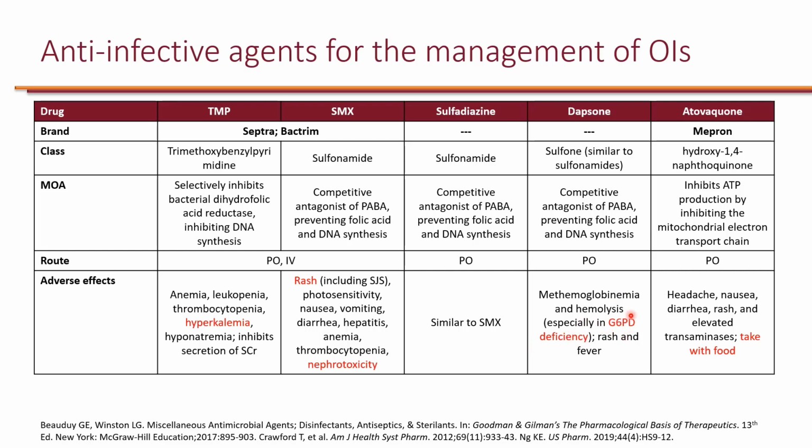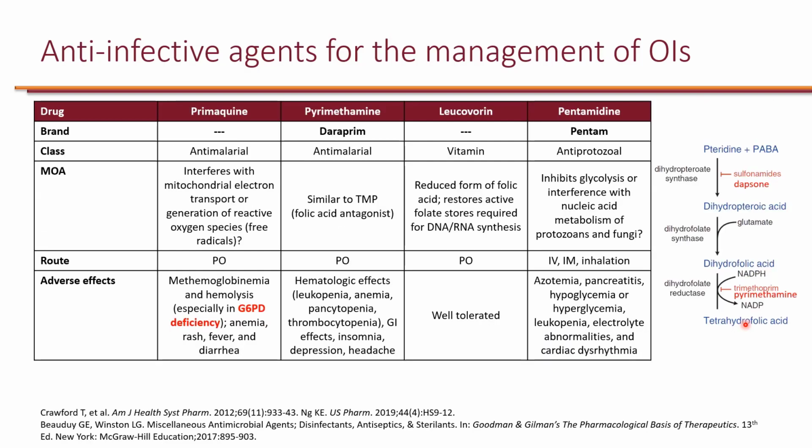So it is recommended to test patients for glucose 6 phosphate dehydrogenase deficiency, and if they have that deficiency, it's best to avoid dapsone. Atovaquone inhibits ATP production by inhibiting the mitochondrial electron transport chain. It is very important to take this atovaquone with food in order to increase absorption.